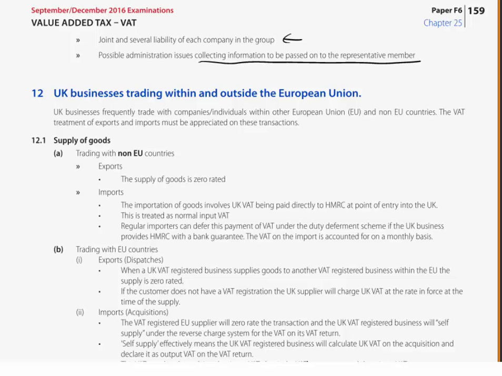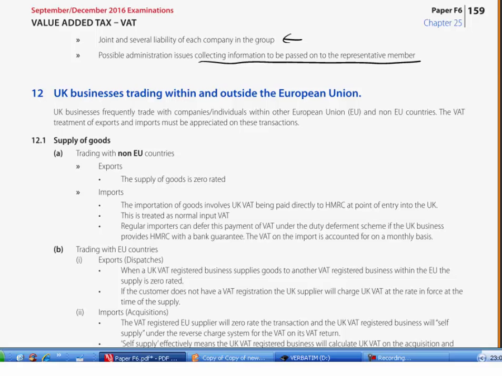Okay, again, take a moment please to go back over and rethink through the points that we have just made in terms of group VAT registration. But in terms of a written question, a section C question, constructed response questions, that sort of exercise, giving advice over how a group VAT registration system works and which company or companies we may choose to leave out or otherwise to put into the group VAT registration is probably worth about 4 or 5 marks.